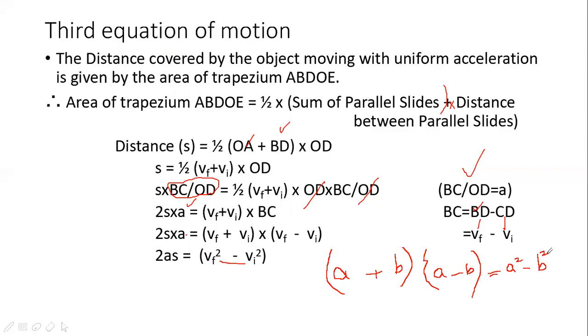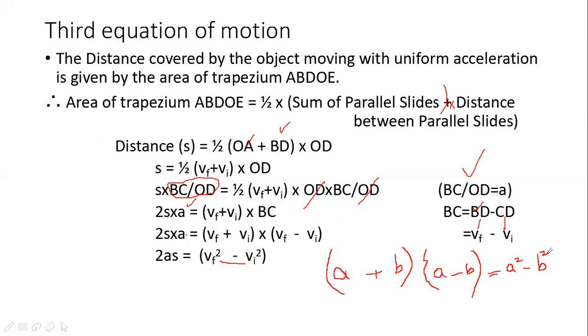So V is A and VI is B. So V plus VI into V minus VI is equal to V square minus VI square. So this is the third equation of motion.